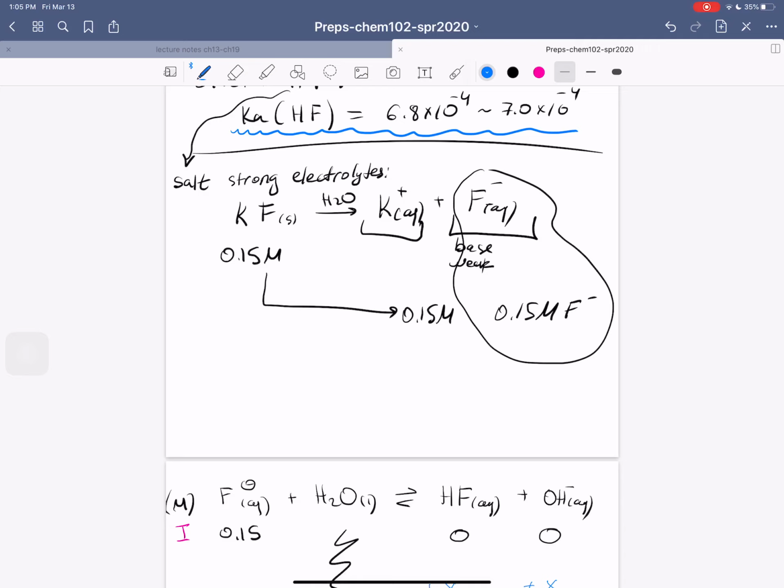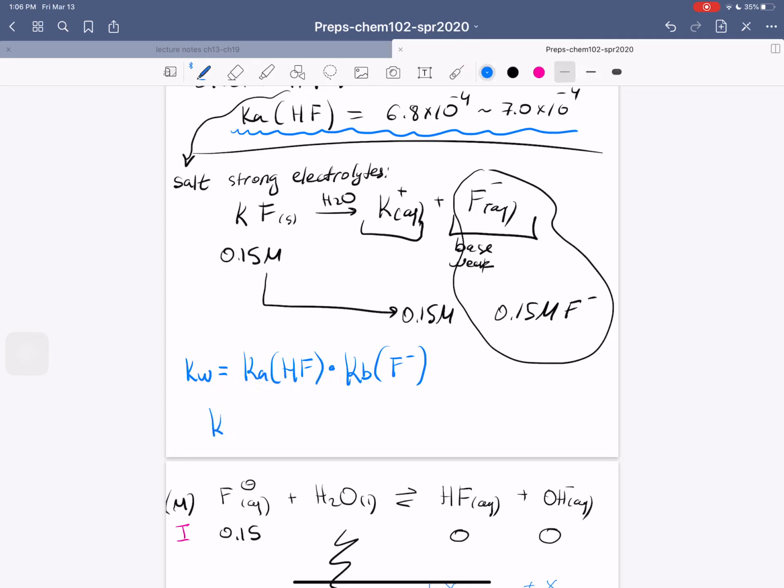And I know that the value of the Ka of HF is related to the value of the Kb of its conjugate base through the following expression: Kw equals Ka of HF times Kb of its conjugate base. I know that I'm working at 25 degrees Celsius. I know the value of Kw, so I can calculate the value of the Kb.